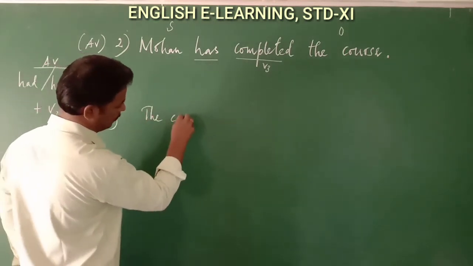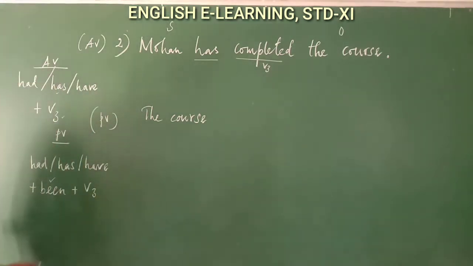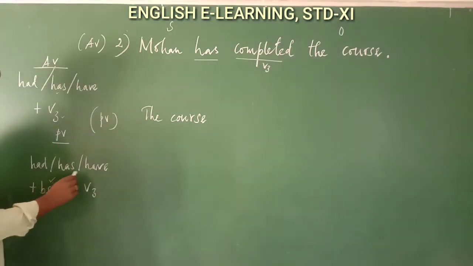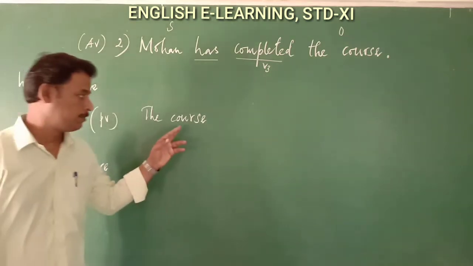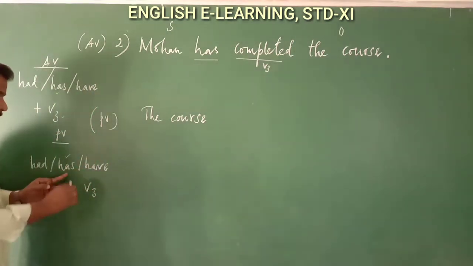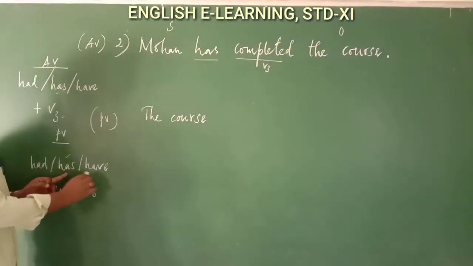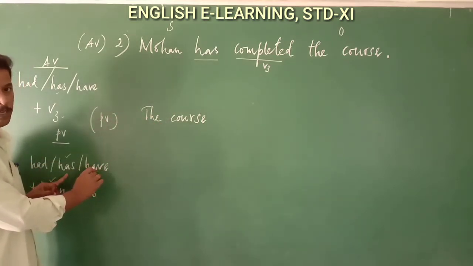The course. Okay, then what will be selected here? Had, has, have. Among these three, we have to select the same tense form, and remember the subject is in singular, so there is no confusion while choosing these verbs. If it is the plural, you have to select the plural verb have.